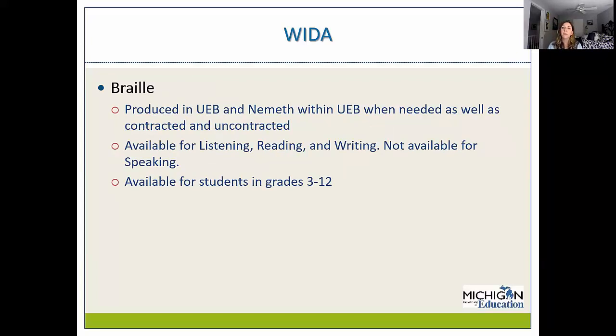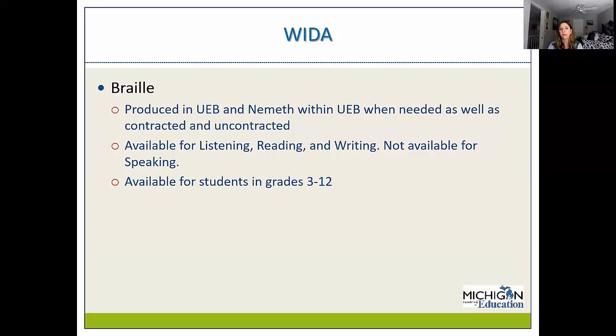WIDA also produces a Braille option in UEB and Nemeth within UEB when needed, as well as contracted and uncontracted. Braille is only available for listening, reading, and writing, but not available for speaking. The reason for that is because speaking is a heavily graphic domain for this particular assessment.